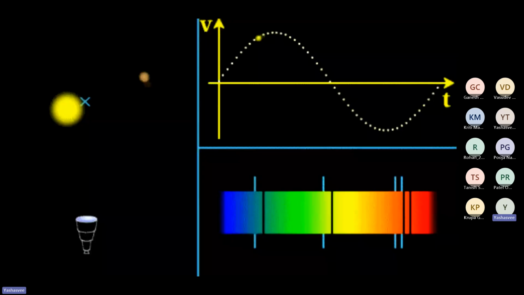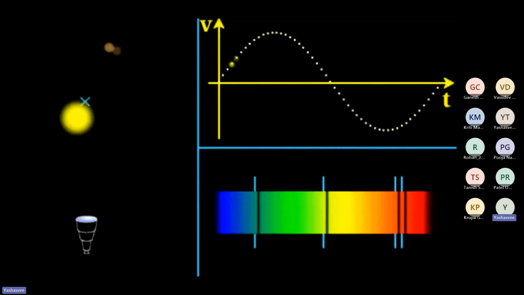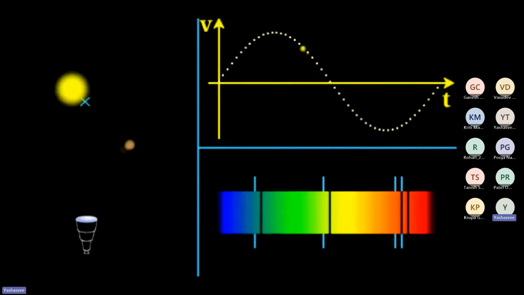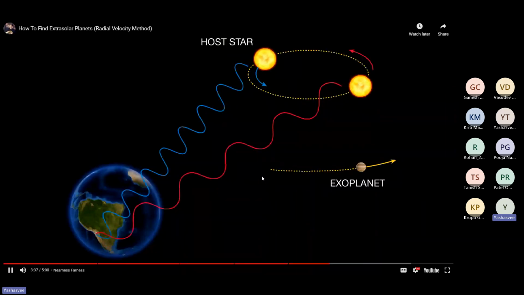But if something is wobbling, we can see this very regular, very periodic change: the light gets squished, the light gets lengthened out. Light gets squished, light gets lengthened out. So we can see something coming towards us and away from us, towards us and away from us.